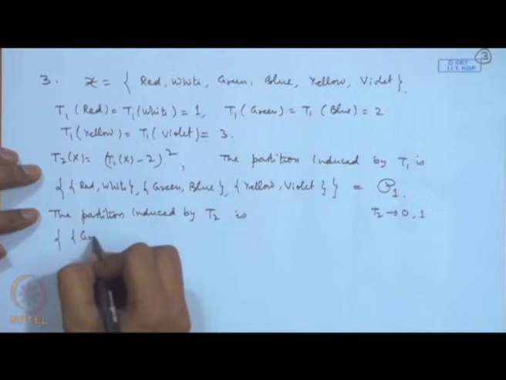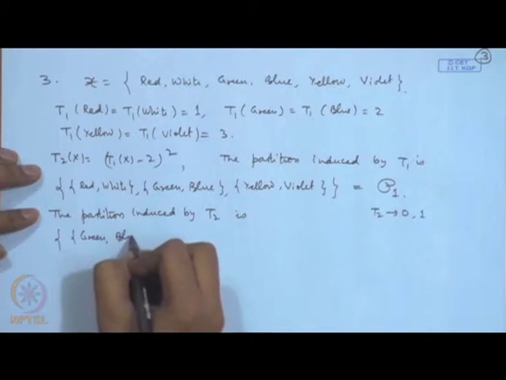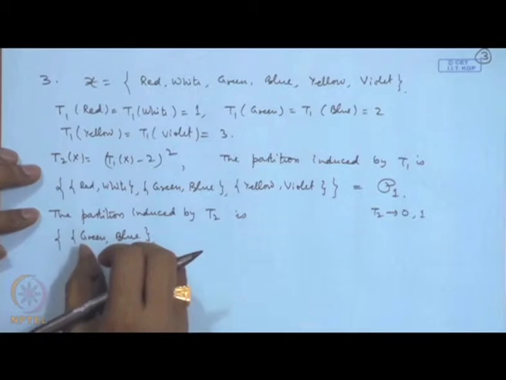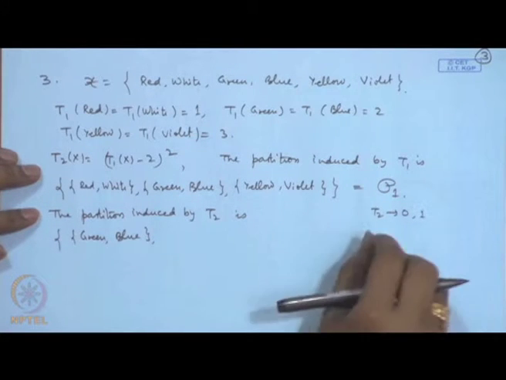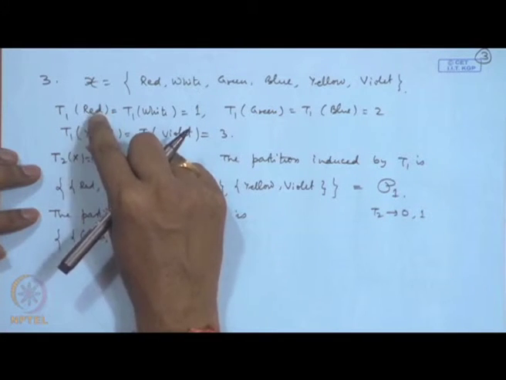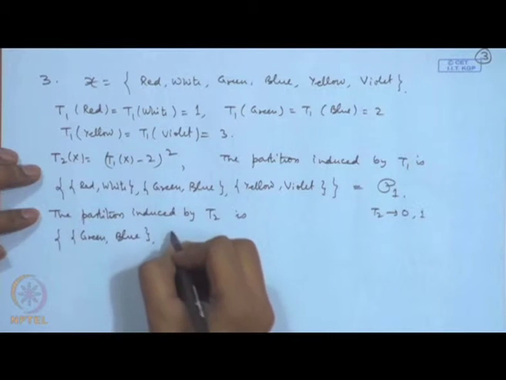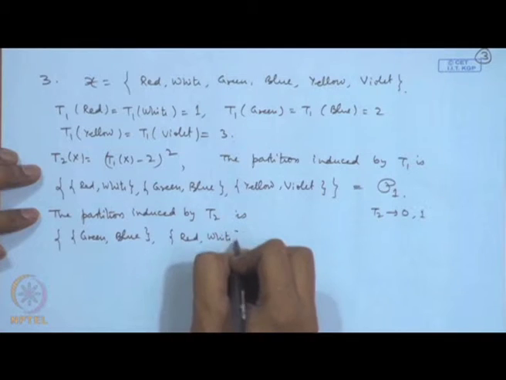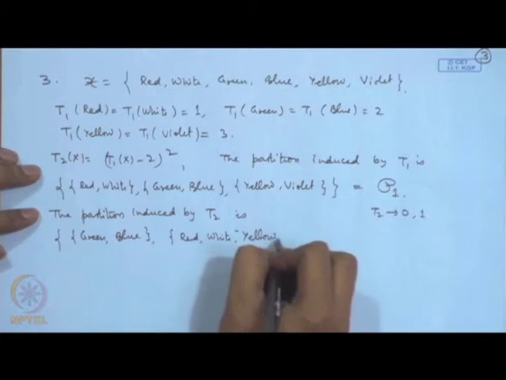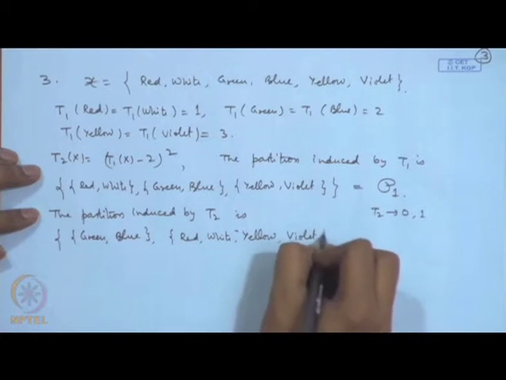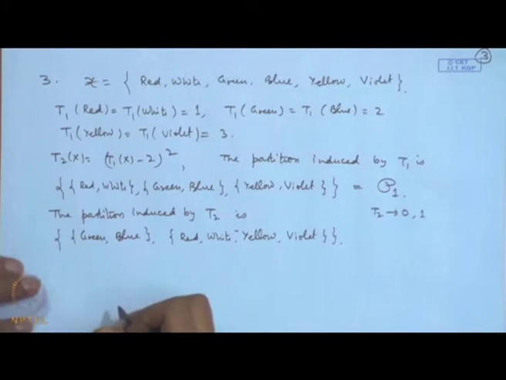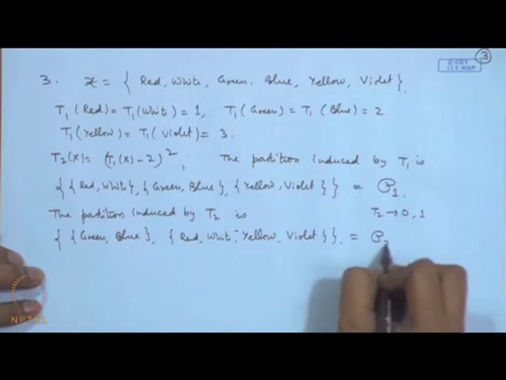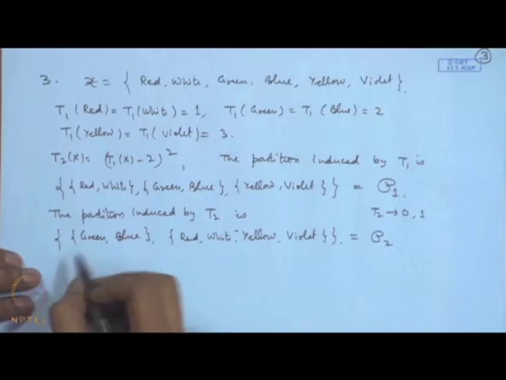So, the partition induced by T2: one set consists of green and blue, and the other corresponds to red, white, yellow and violet. Let me call this partition P2.